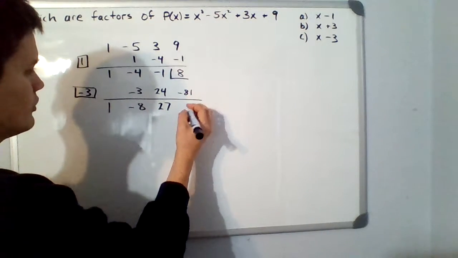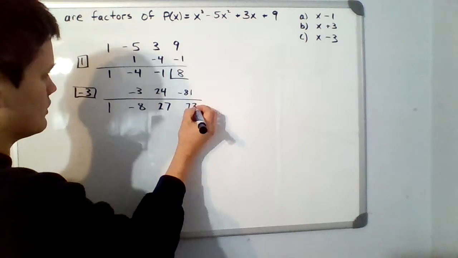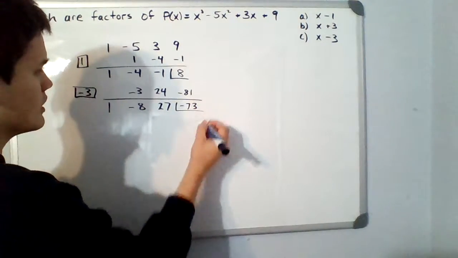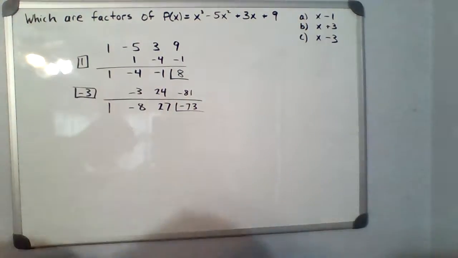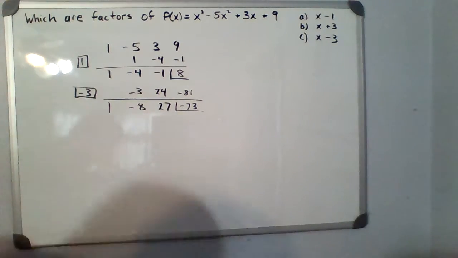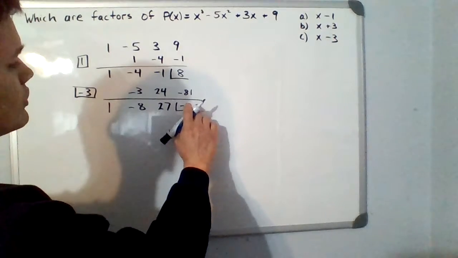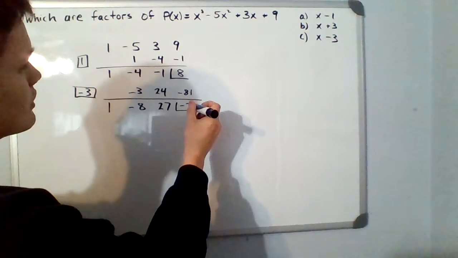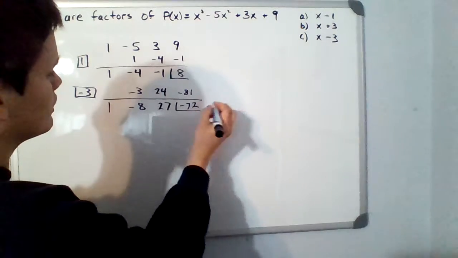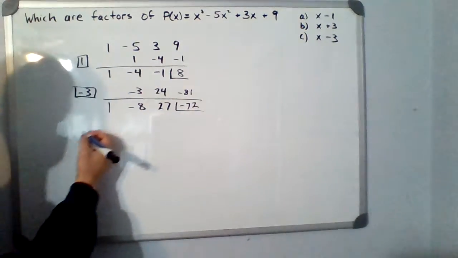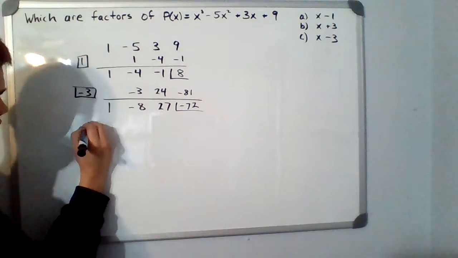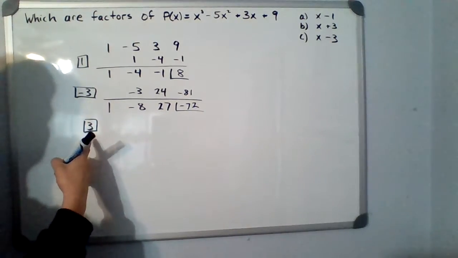And that sums to be -72. So the remainder there is 72, I'm pretty sure. Yeah, 72. And then we have 3. We'll try x minus 3 next.